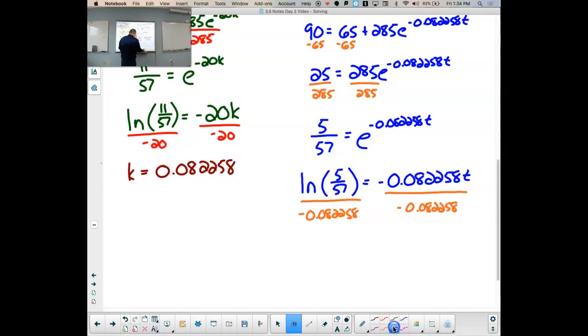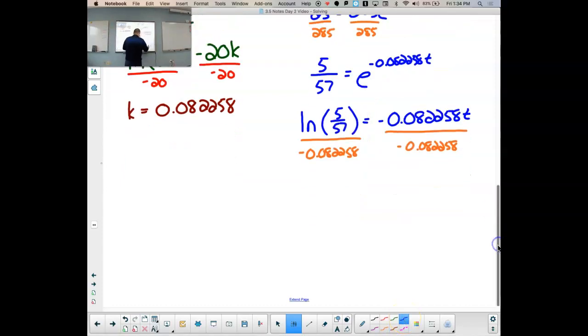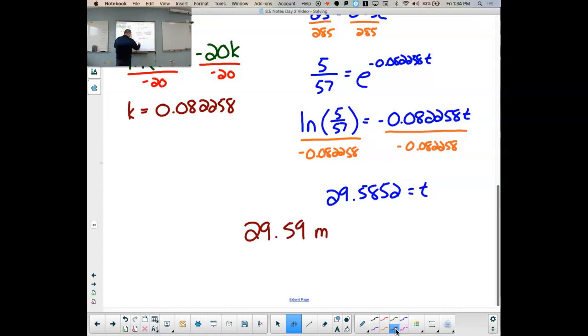And that would give us a t value of 29.5852. So this answer here, our cake would cool to 90 degrees in approximately 29.59 minutes.